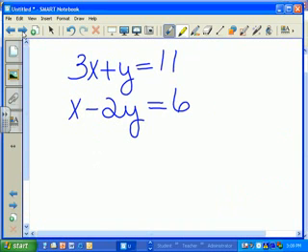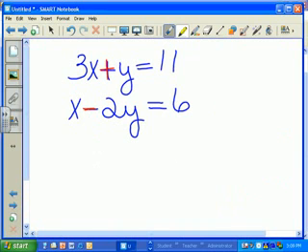Linear combination, or elimination is the name that I prefer because it makes sense: we're going to use it to eliminate a variable. Which one would be easier to eliminate, x's or y's? I'm going to say the y's because one is already positive and one is negative. If I want to eliminate this negative 2y, I need the top y to be a positive 2y.